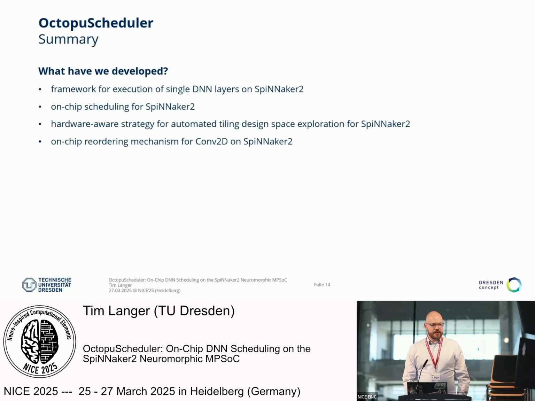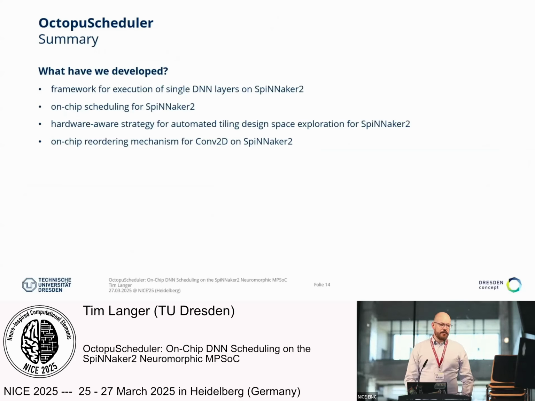And as a short summary, what have we developed? We have currently developed a framework for the execution of single layers of deep neural networks on the platform. It's an on-chip scheduling approach. We developed a specific tiling strategy that also considers, for example, the dimensions of this machine learning accelerator, this MAC array.